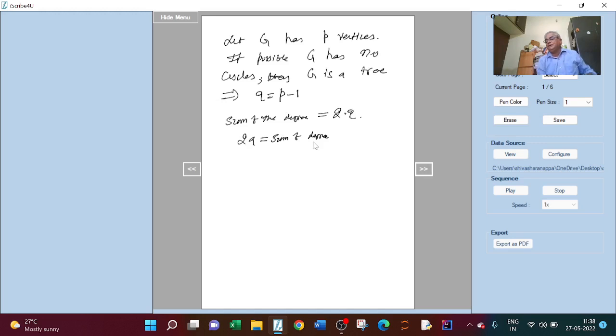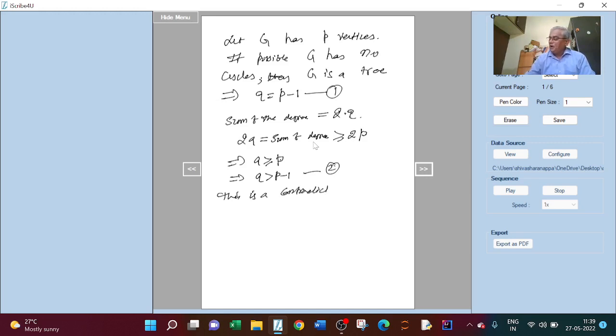Therefore, the sum of the degrees is greater than or equal to 2 into P. So this implies Q is greater than or equal to P, or Q is greater than P minus 1.